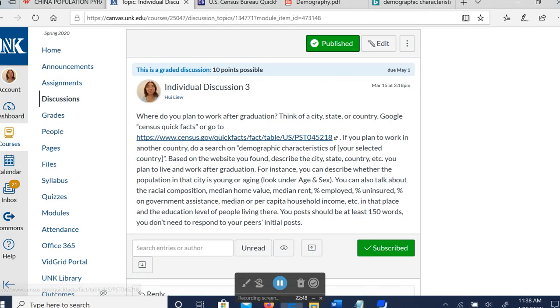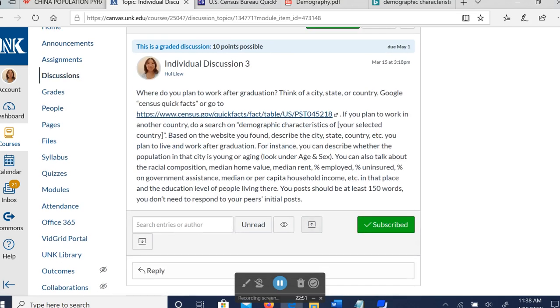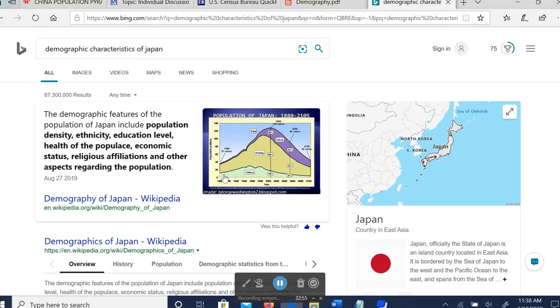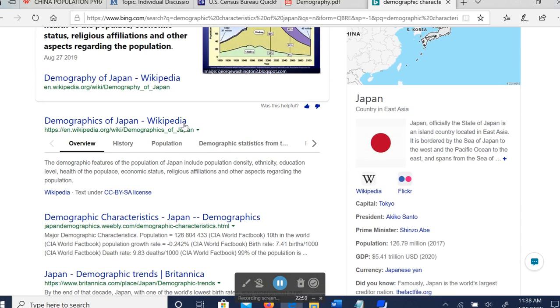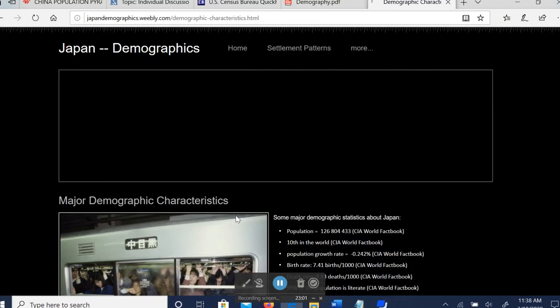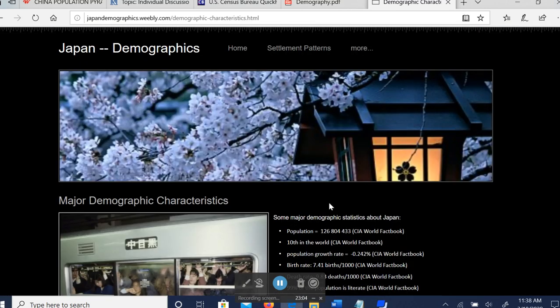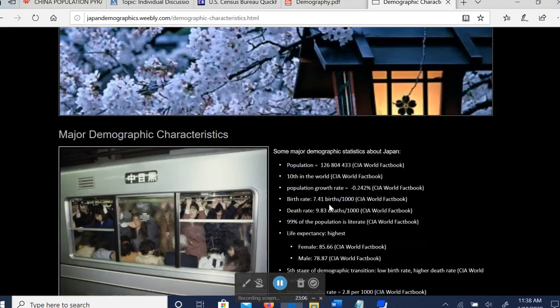And just try to write something in 150 words or so to talk about the demographic characteristics of Japan and whether it's a good idea to work in Japan in a few years' times.